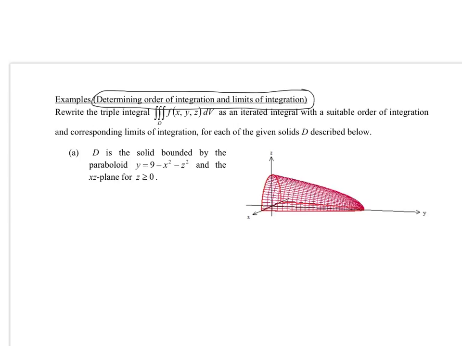Now let me quickly recap what we talked about on Thursday. A triple integral is one in which we have some function of three variables, and let's for now presume that we are in the rectangular coordinate system.